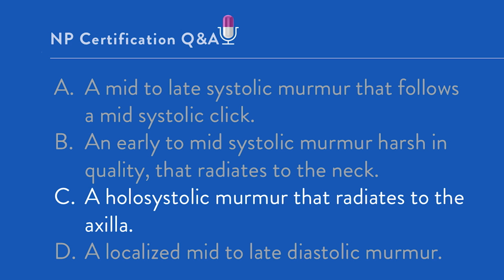When this murmur is heard in the presence of systolic heart failure, as we have here, one of the contributing MR factors is structural changes in the heart. This can include left ventricular enlargement that impacts mitral valve function, particularly in the presence of reduced ejection fraction heart failure.